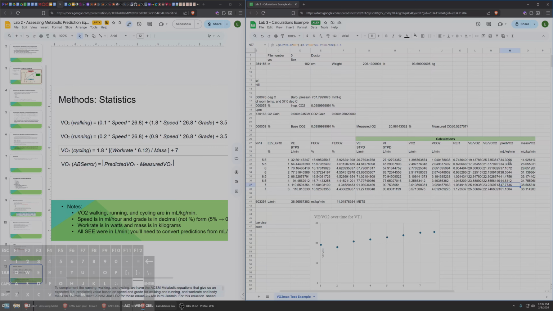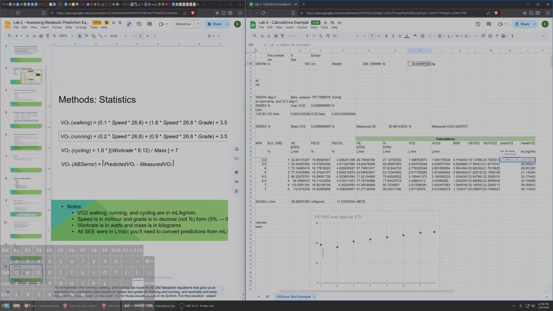All right, so let's just say I had the cycling equation. So equals 1.8 times, and I'm just going to assume this is the work rate column. Make sure you point to your work rate column, whatever it is, in watts. So this times 6.12, 2 parentheses, divided by body mass. I don't really need the parentheses, but I do it for completeness' sake.